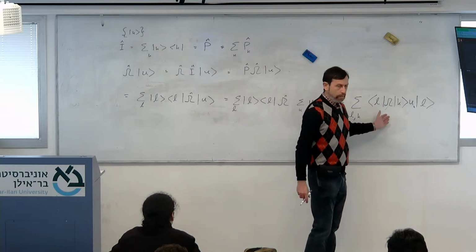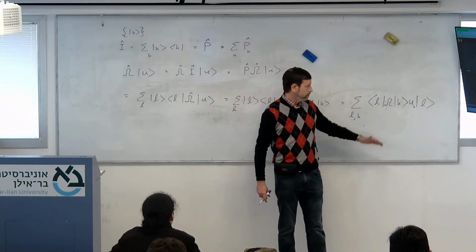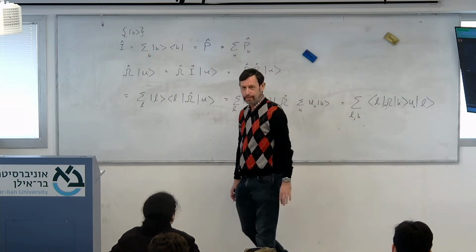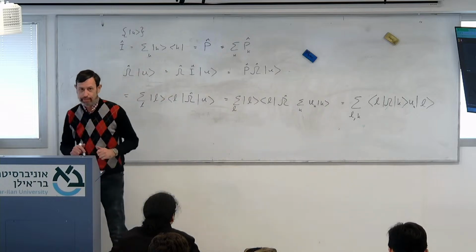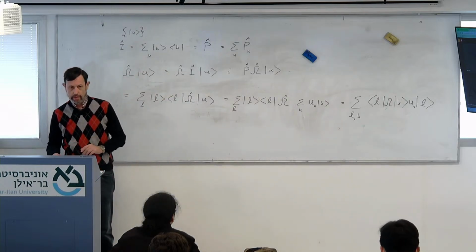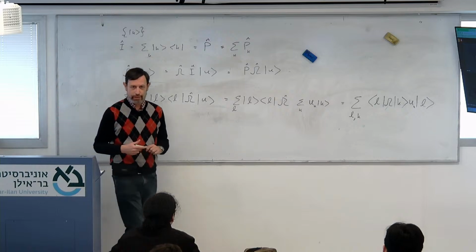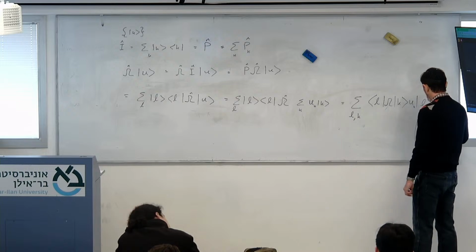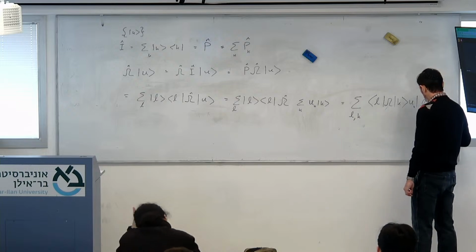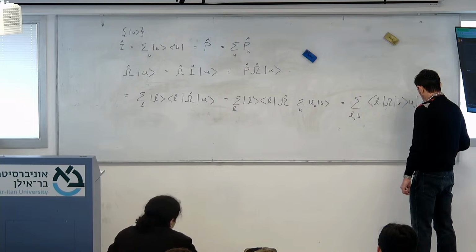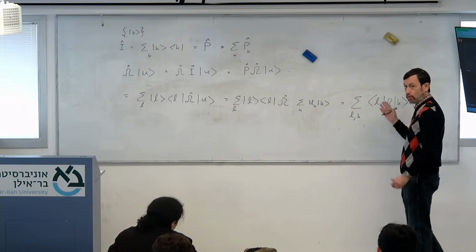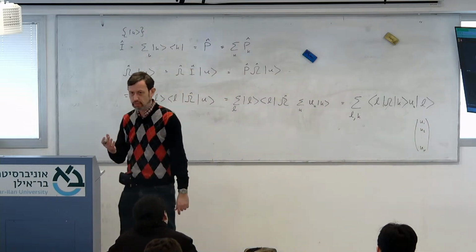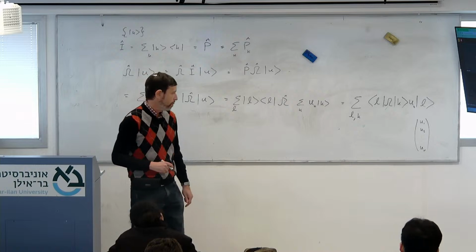And what does appear here? This is a matrix times a vector. So if you want to write it down in the traditional way, you just write your U1, U2 till UN for the specific basis that I'm interested in, the basis that was defined in the beginning.